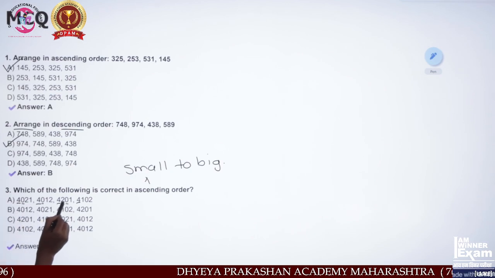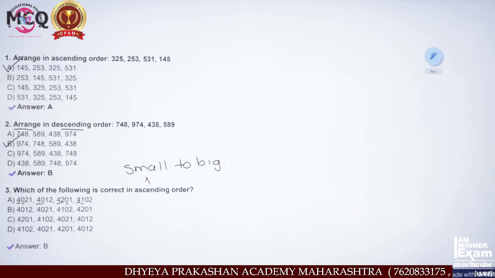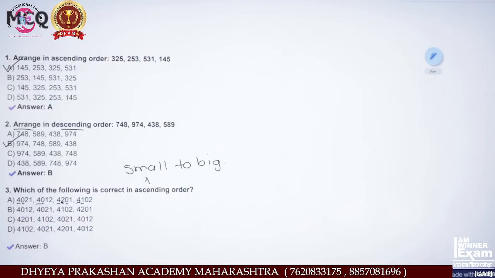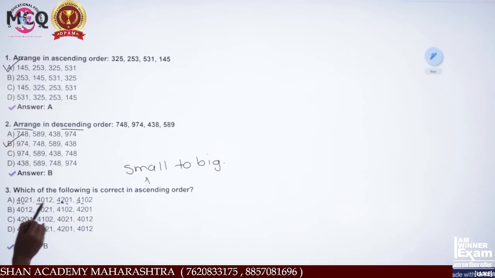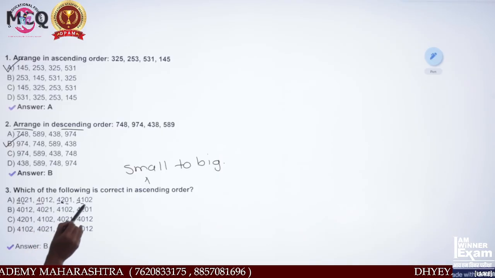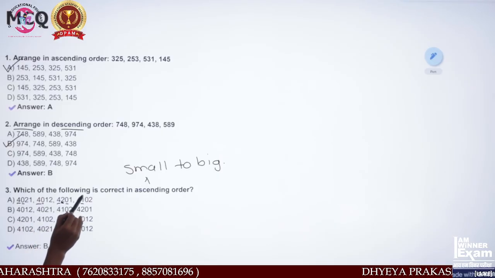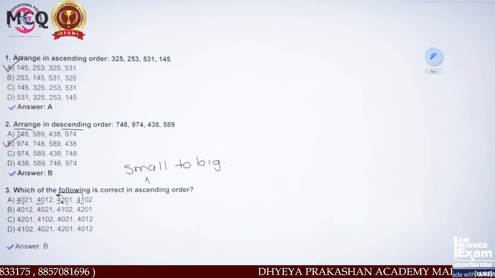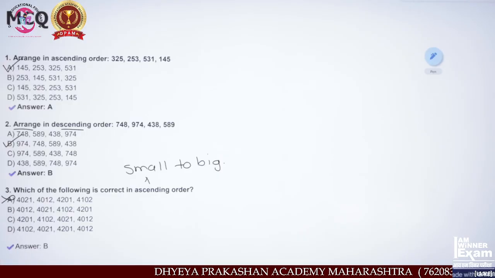Again, here is the difference. 0, 0, 2, 1. What do you think? Which number should become first? This is the correct series, but here the first should become first. That means this number should be first. That means option A is not in the ascending order.